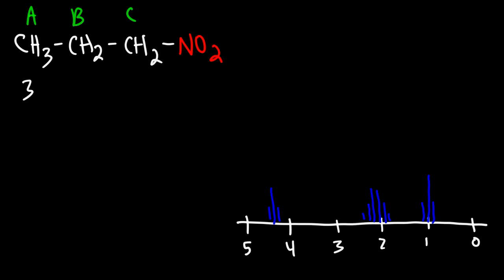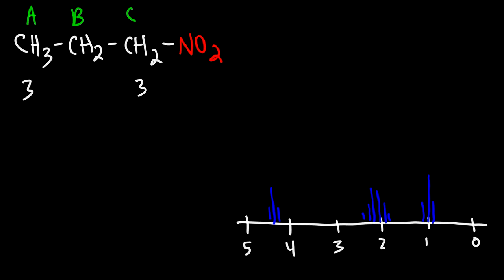So using the same N+1 rule, 2 + 1 is 3. Now what about the one in the middle? Because right now, we see that we have 2 triplets, which corresponds to these 2 signals. The one in the middle appears to be 6, or a sextet.